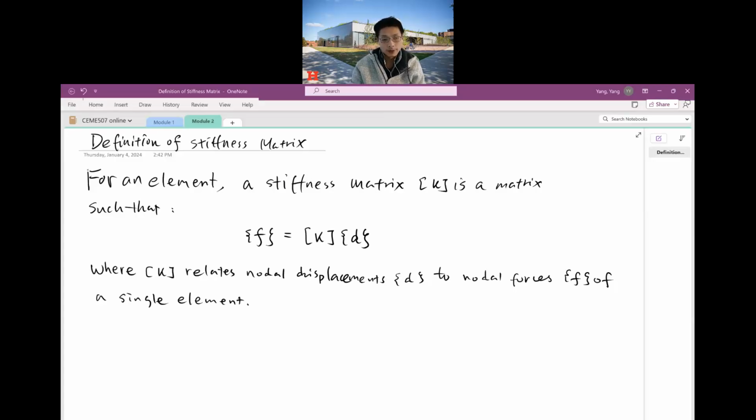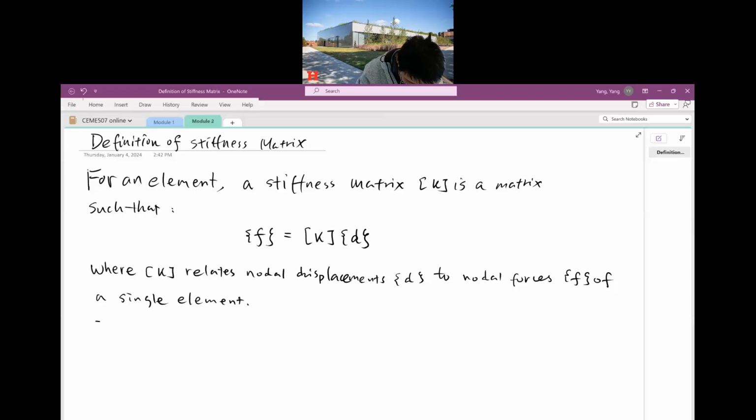Similarly, for the forces, we use a stiffness matrix to describe the relations between displacements and forces. So we start from a simple, easy example, such as a spring element, right?